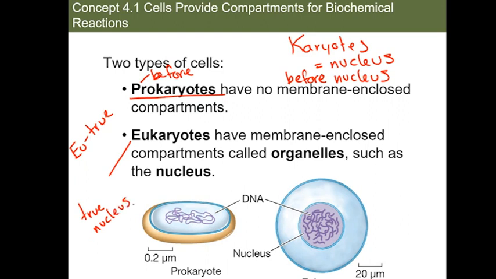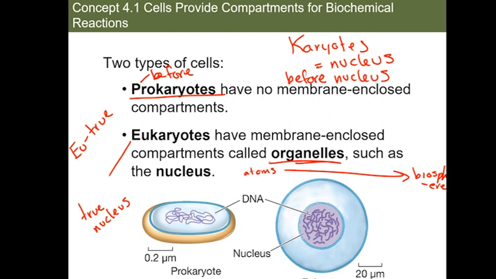So they have membrane-enclosed compartments called organelles. Organelles, super important. That was part of our levels of organization where we went from atoms all the way up to the biosphere. Organelles are made up of biomolecules, which are made up of molecules, which are made up of atoms.